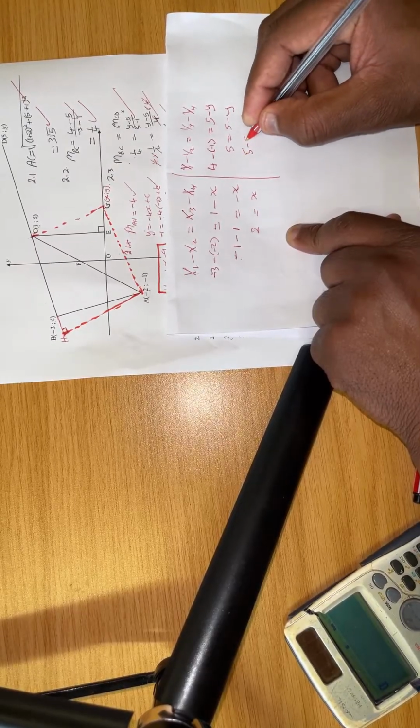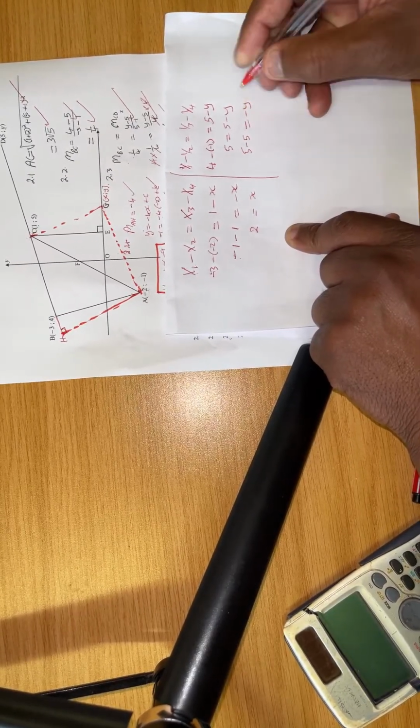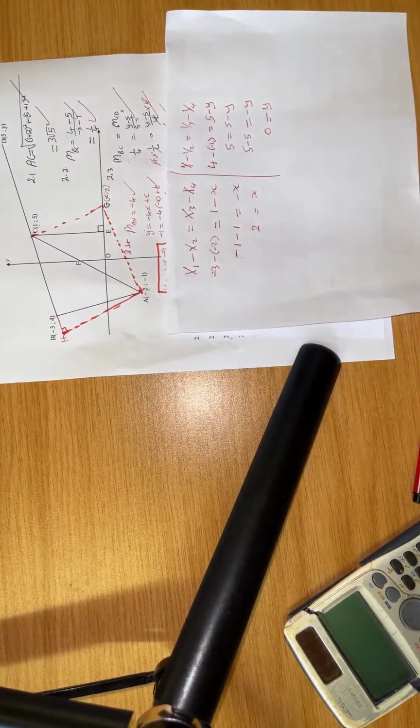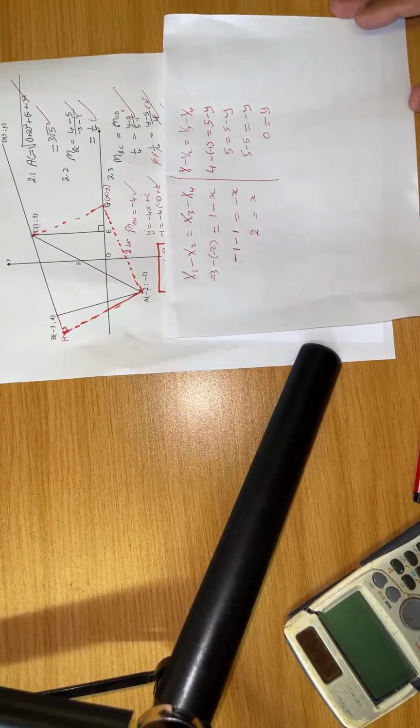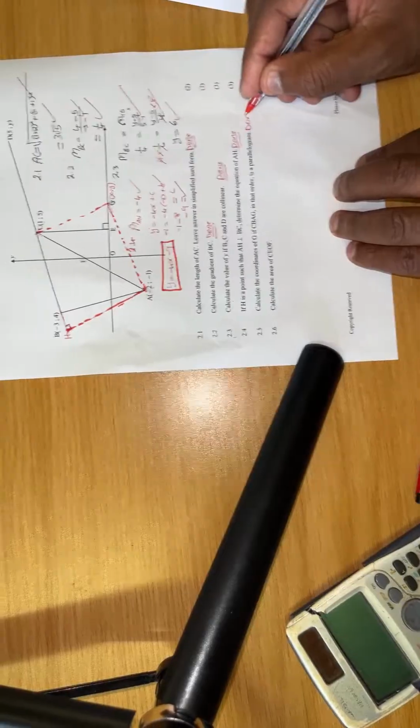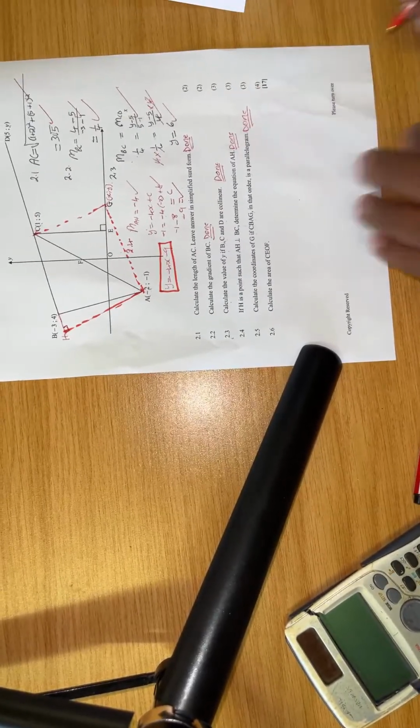So 5 minus 5 is equal to -y. Therefore, y is equal to 0. So that's how you can determine the coordinates of G. All right, we are done with this question.